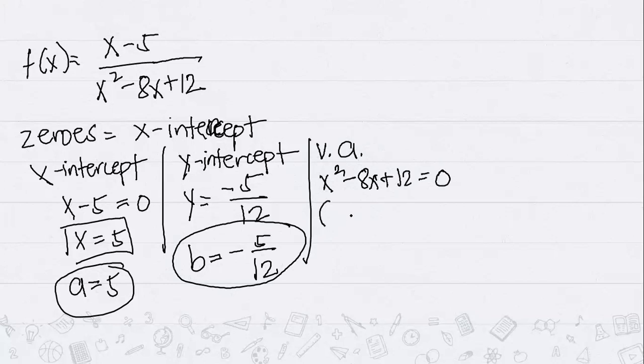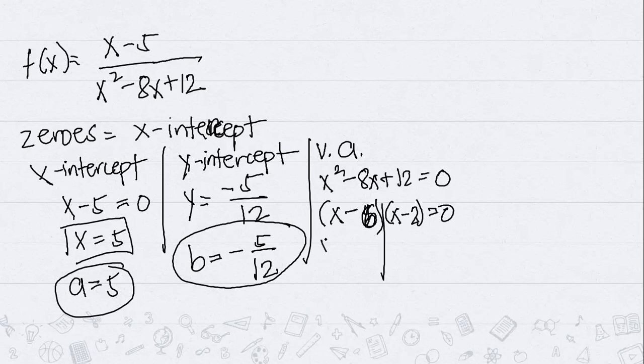We have x minus 6 pala, x minus 6 and x minus 2 equals 0.